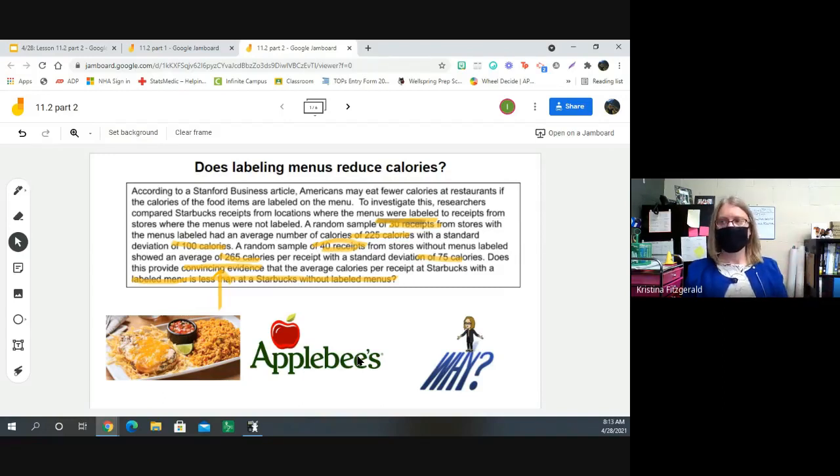If you see a question and then a giant white space, that's also an indication that you need to do a lot of writing. It's not just going to say, do a 2-sample t-test. It's going to say, do you have convincing evidence? The significance test is how you convince yourself one way or the other.